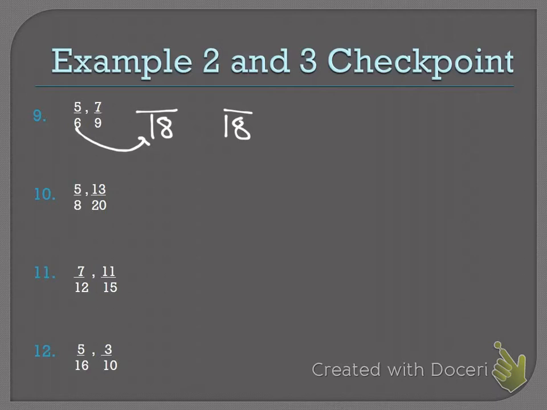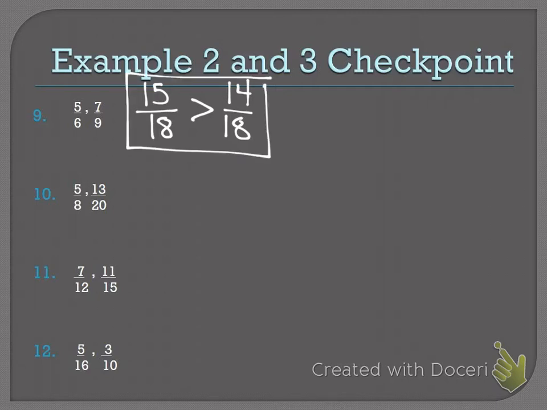I multiplied by 3. Whatever I do to the bottom, I have to do the same thing to the top. That's what we learned the other day. So it's going to be 15 over 18. 9 times 2 is 18. So 7 times 2 is 14. All right, and then we have 15 is greater. Okay, and you can leave it in that format.